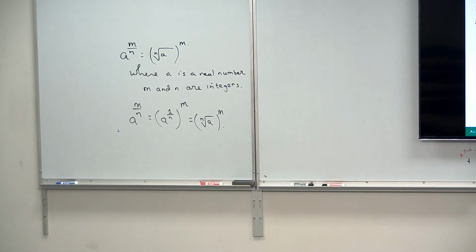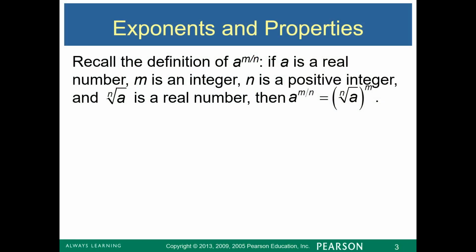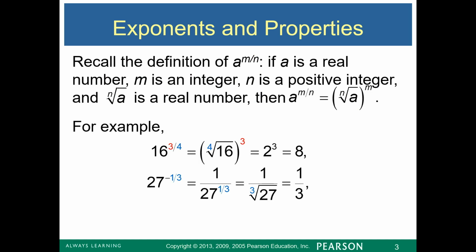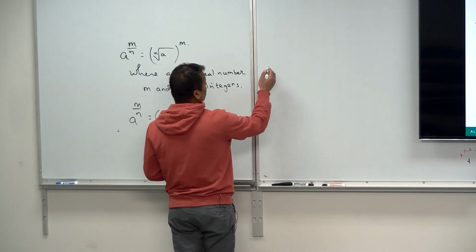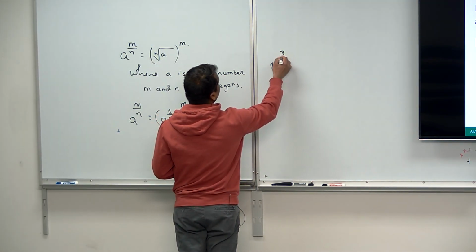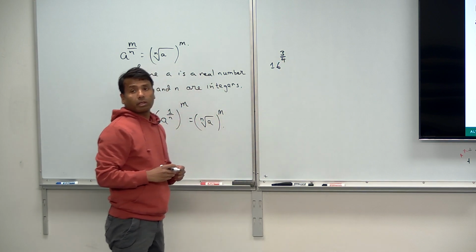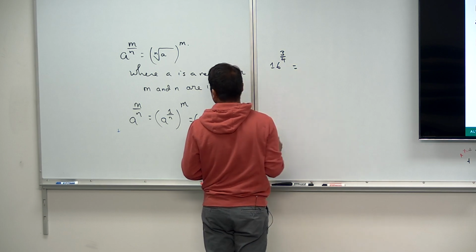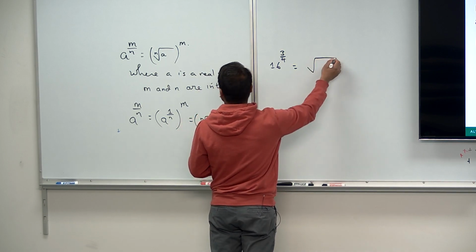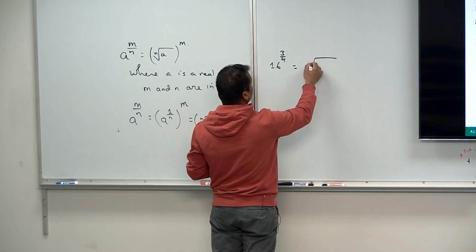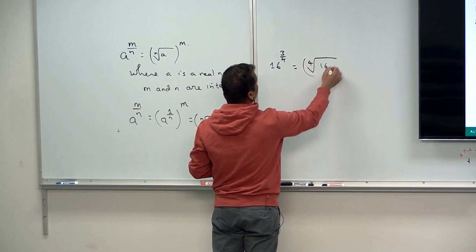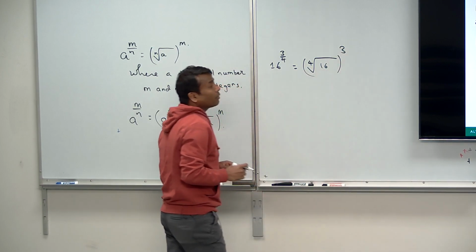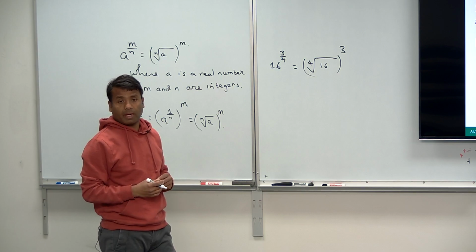So the next one, look here. If you want to evaluate 16 raised to the power 3 over 4, how do you evaluate this? This is the same as the 4th root of 16 raised to the power 3, right?